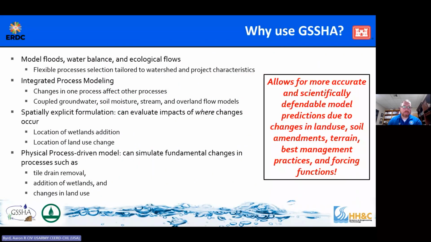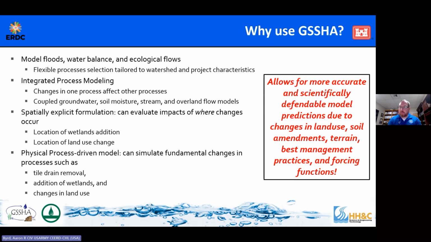So why use GSSHA? We can do flood modeling. We can look at water balance. We can look at ecological flows, and really get at the processes. If you're adding tile drains or removing tile drains from a watershed, right? You're fundamentally changing the processes that are at work in the model, in the area.